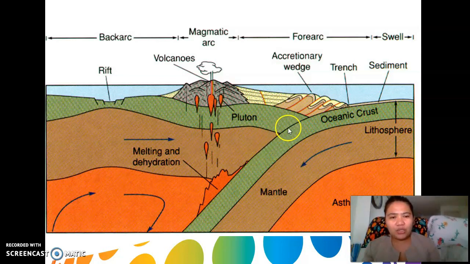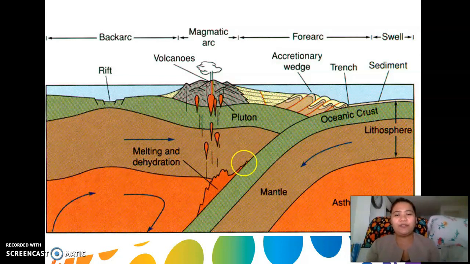Now, in the interaction between these two plates, one will subduct and the other will just override it, releasing heat. It's a very tremendous heat, and this heat is enough to melt the rocks that are subducting.